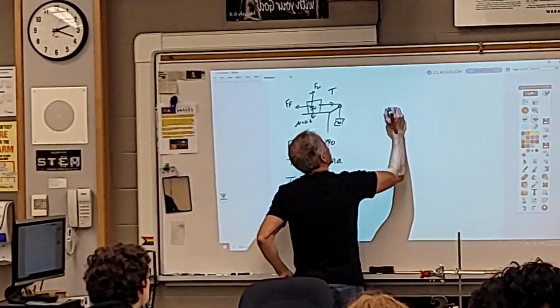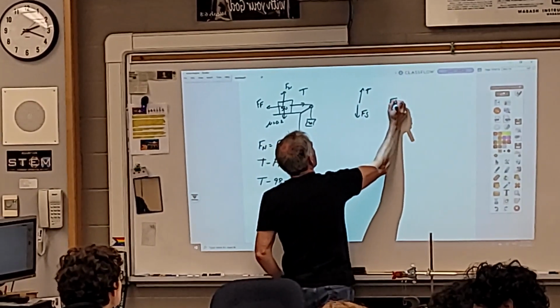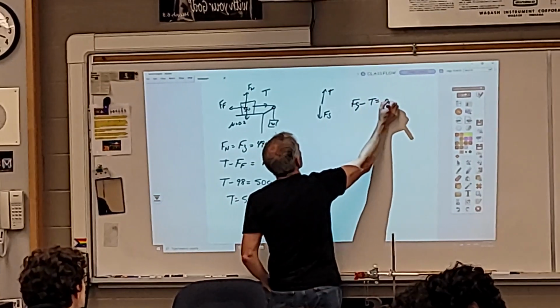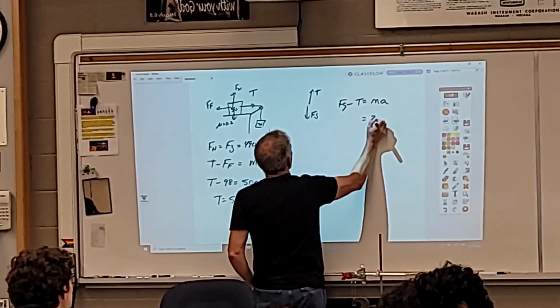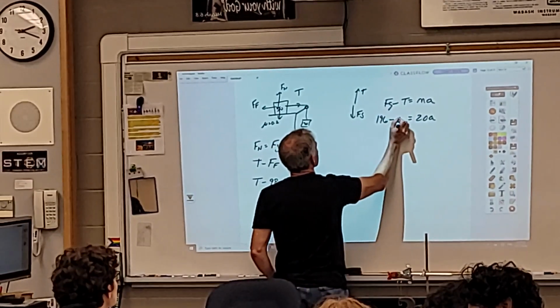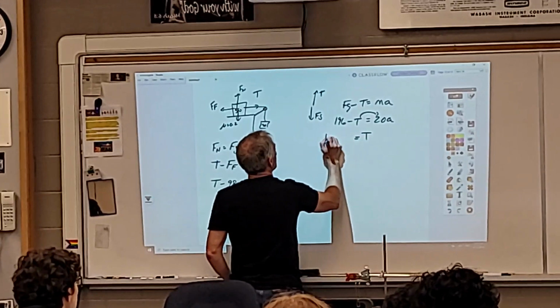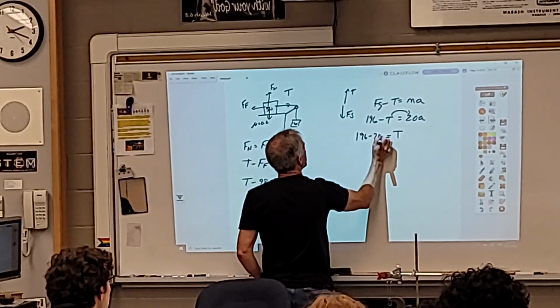Over here, what's pulling it down is gravity, what's holding it up is tension, but I think gravity is gonna be bigger than tension, causing this mass to accelerate. It's only 20 kilograms. The force of gravity on it is 196. So T is equal to 196 minus 20A.